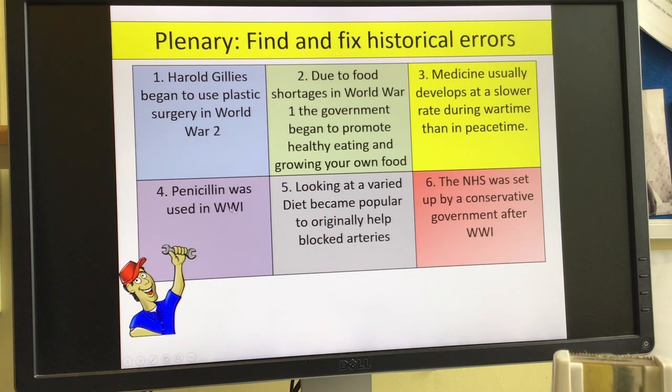Penicillin was used in World War One is also incorrect because it's World War Two. A varied diet became popular to originally help blocked arteries. Well, no, it became popular because of the government's idea to ration, and so people were eating their own vegetables. The NHS was set up by a Conservative government after World War One. That's also incorrect because it was set up by a Labour government after World War Two.